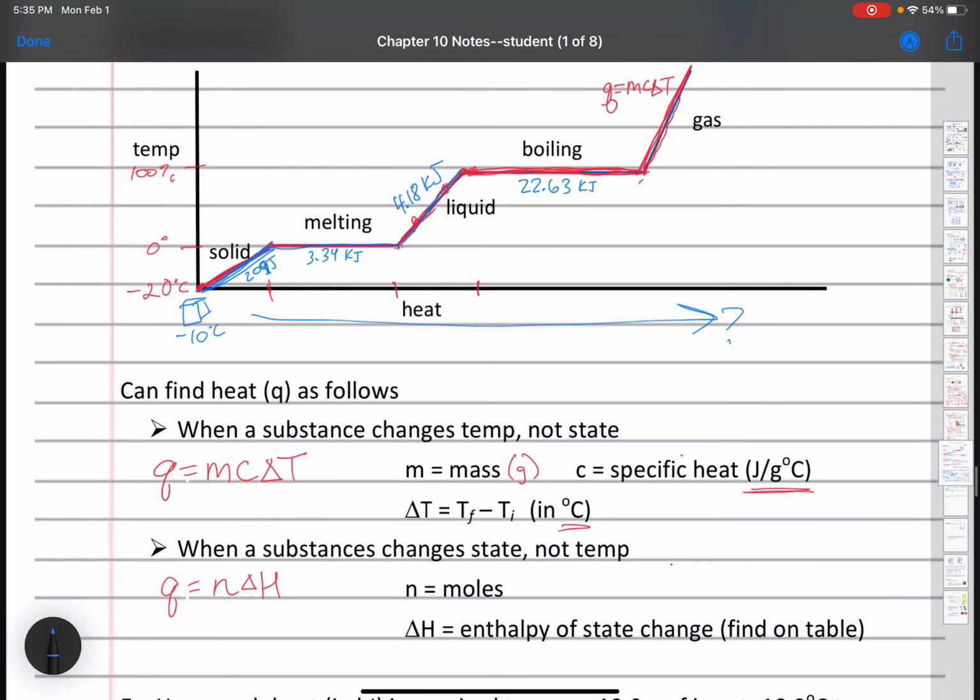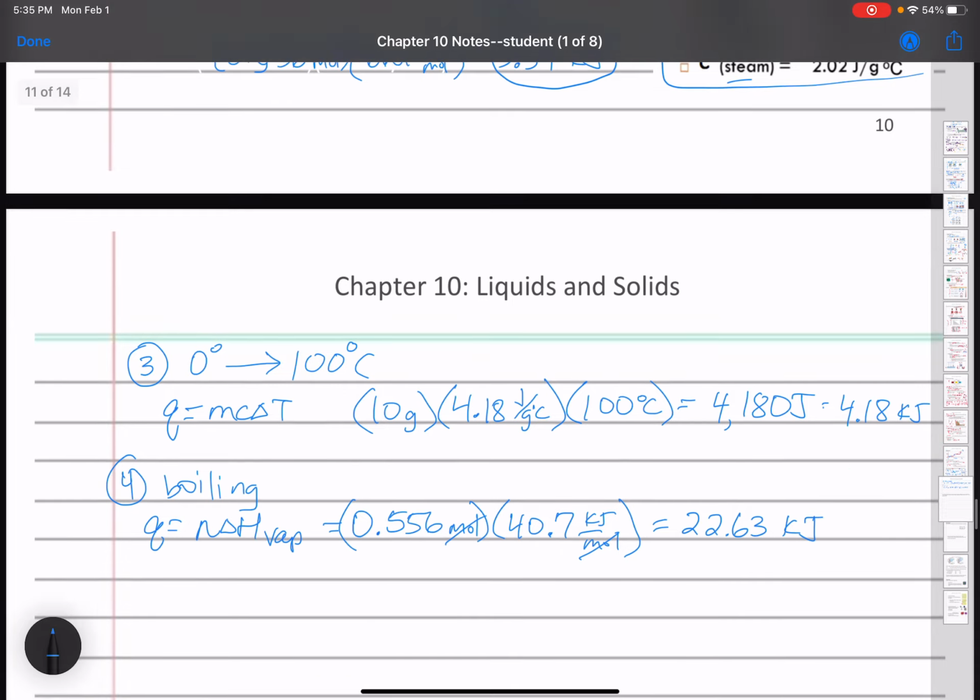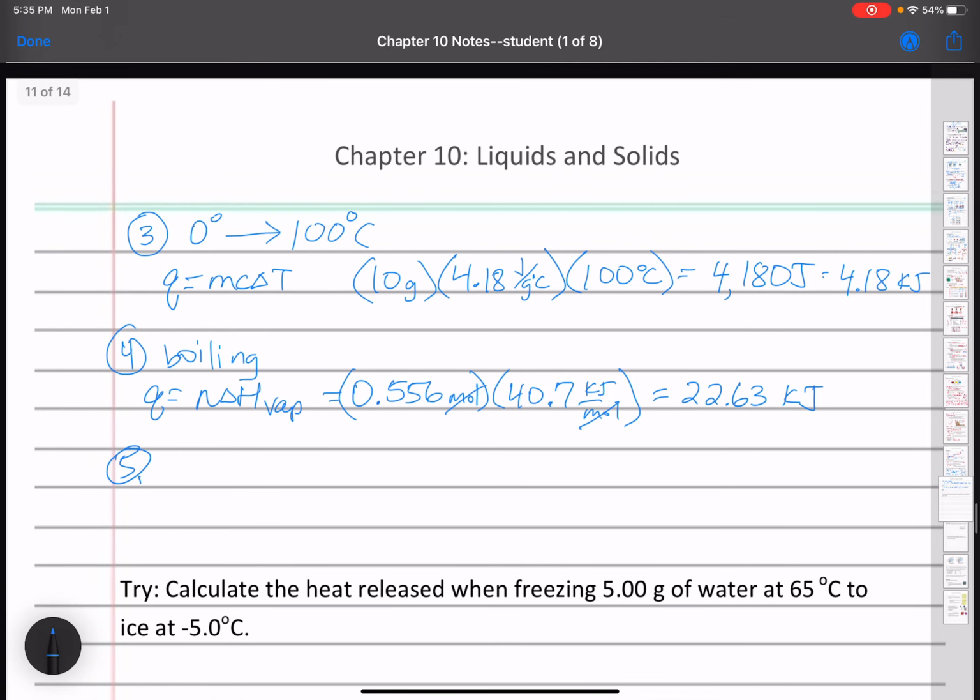And then that last step, going from steam that's 100 degrees Celsius to 110 degrees Celsius. Q = mcΔT. The mass is still 10 grams. The specific heat of steam is 2.02 joules per gram degree Celsius.